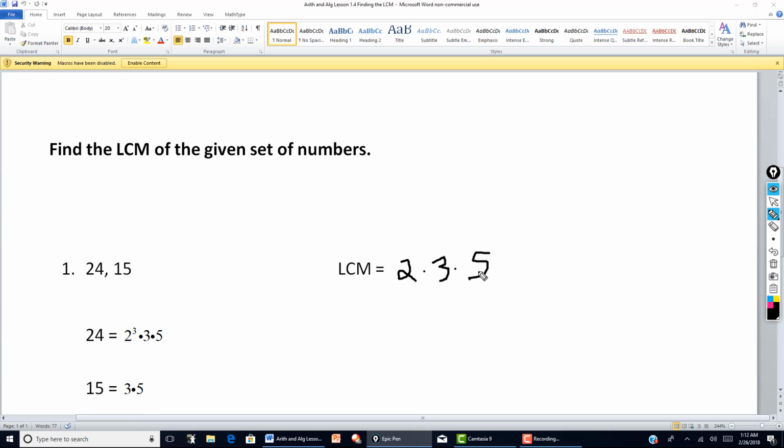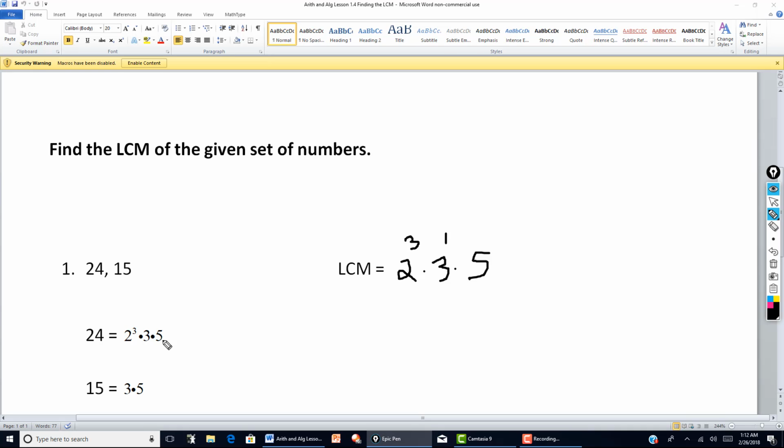Okay, and then you simply look at the powers on each of these. Have a 2 first and go to each factorization and take the largest power that appears on the 2. Well, it's 3. For 3, take the largest power that appears in any of the factorizations. This is 3 to the 1, this is 3 to the 1, so the largest is 3 to the 1, or just 3.